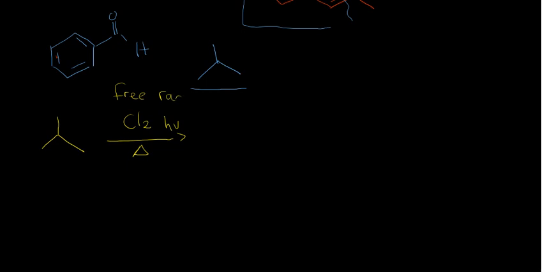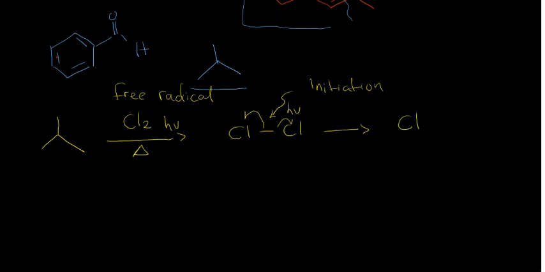Under radical reaction, once heat or light comes on the chlorine, it's going to cleave it. This is the initiation step, to form a radical of chlorine plus another radical of chlorine. This is the first step.